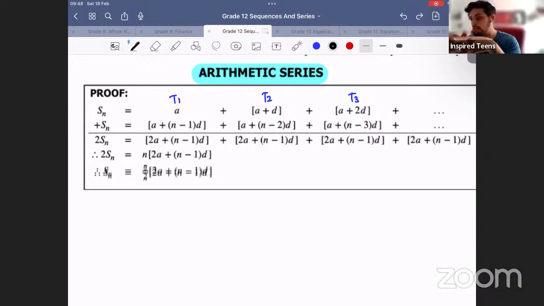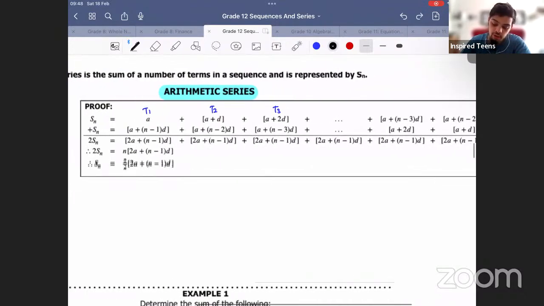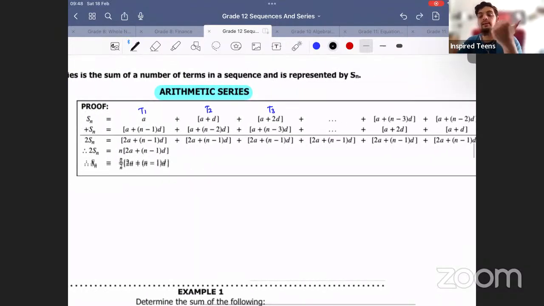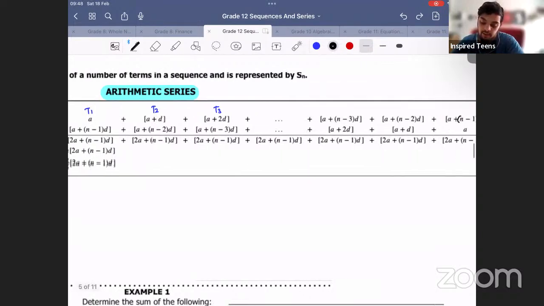So you can substitute 5, 6, 27, and you are going to get the correct value of that term. So that's why in this case, we are dealing with Sn. Now remember, if I had to ask you how many terms are in this pattern, you would say n number of terms. Because whatever n is, that's the total number of terms that you are adding up in this case.